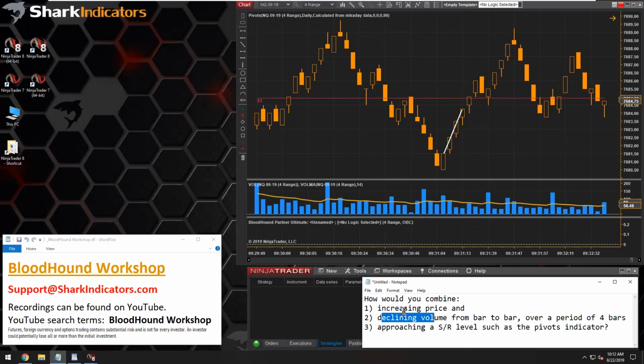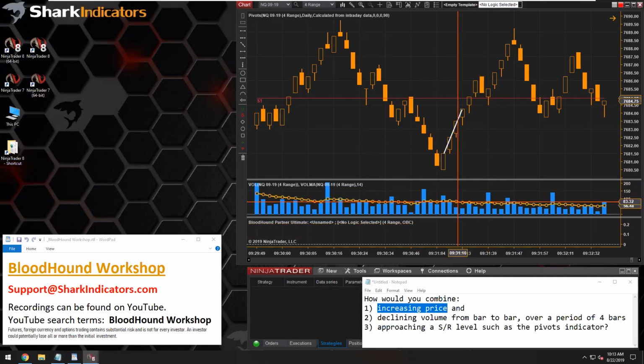Since this is kind of vague, I'm going to literally look at the closing price to determine whether price is increasing here. We'll make sure that the closing price from bar to bar to bar is increasing. We'll do the same thing for volume in one case: make sure that the volume is literally decreasing from bar to bar to bar.